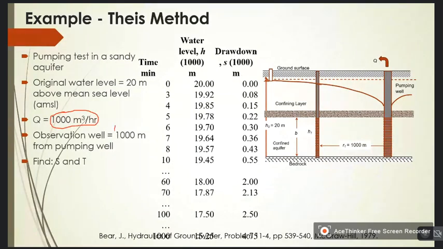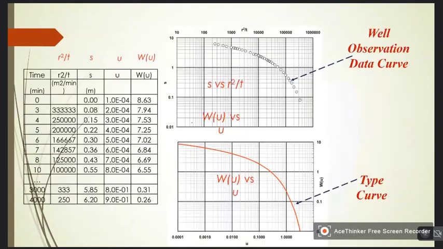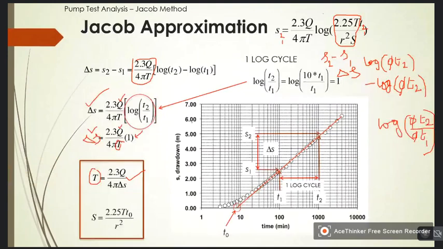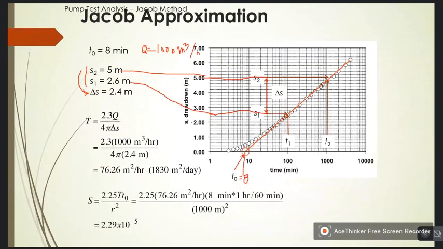R is equal to 1000 meters. So Q is equal to 1000 and R is equal to 1000. Right? Have you followed? Is the Jacob method clear to you? Okay, sir. Any doubts?